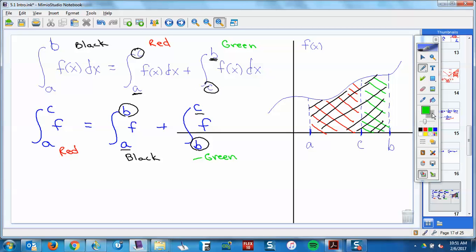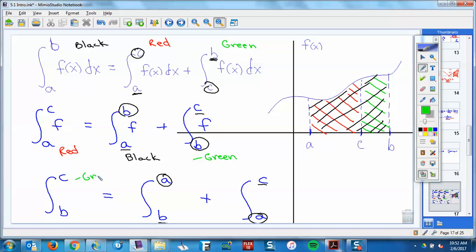So I could do another one. I mean, I could make these up all day probably. Well, there's probably a limited number you can do, but let's say the area from B to C would equal the area from B to A plus A to C, because remember, these have to be the same here and here, and then this has to be my start, my end. Well, what's the area from B to C?